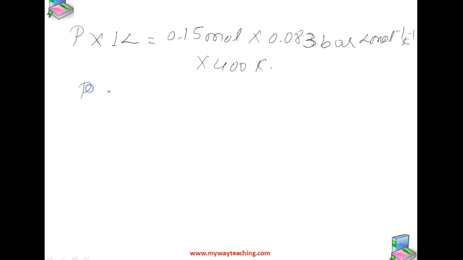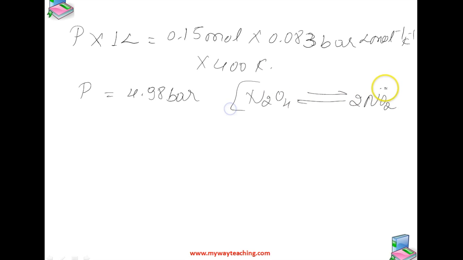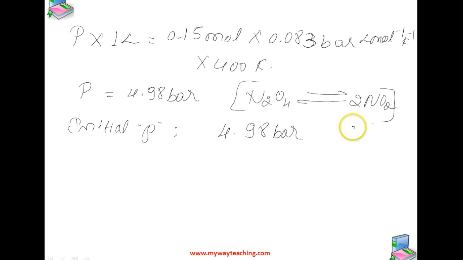And now you are getting P is equal to 4.98 bar for N2O4. Okay, and initial pressure is 4.98 bar, and this will be 0 for NO2 initially.